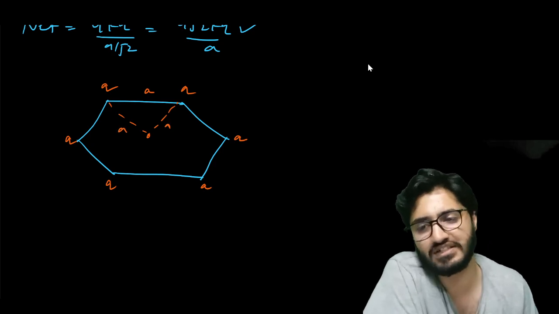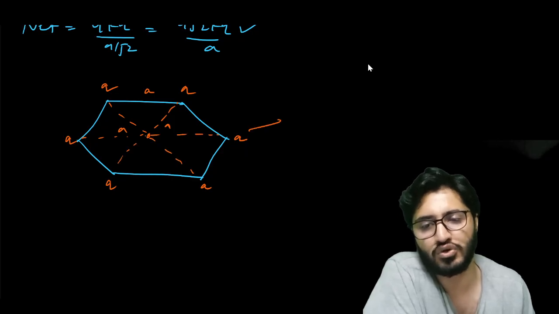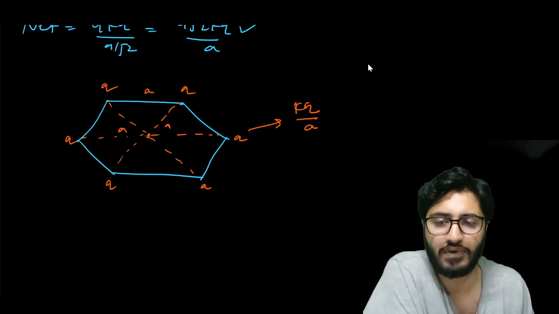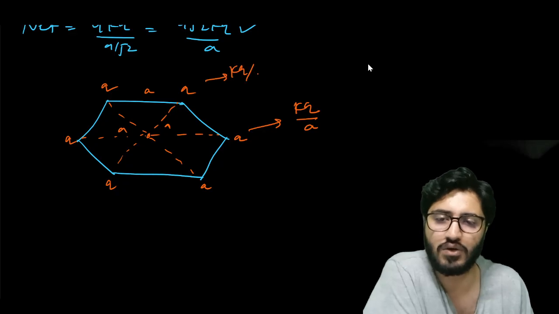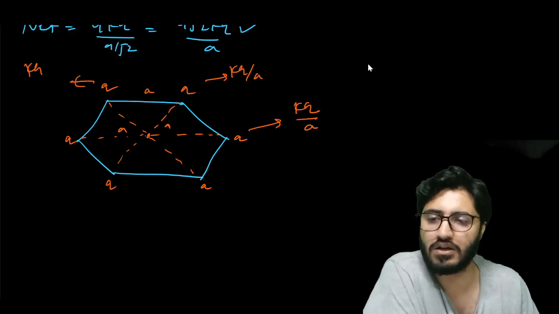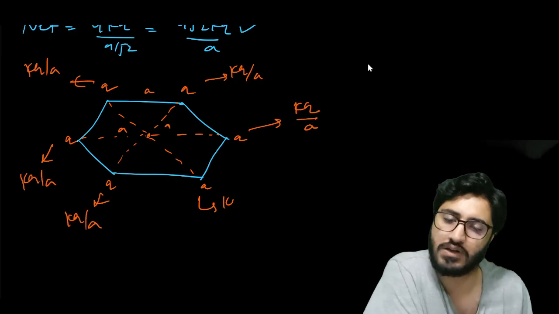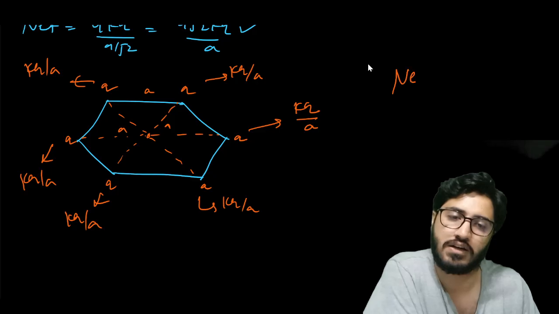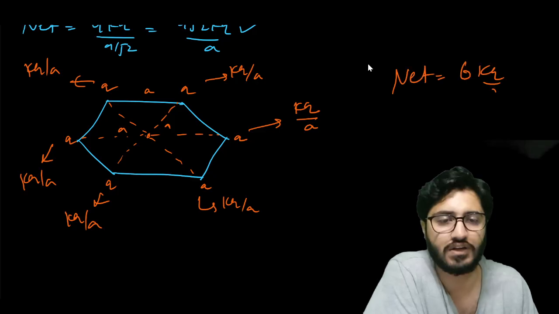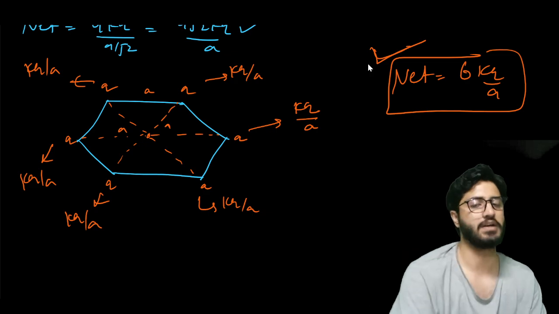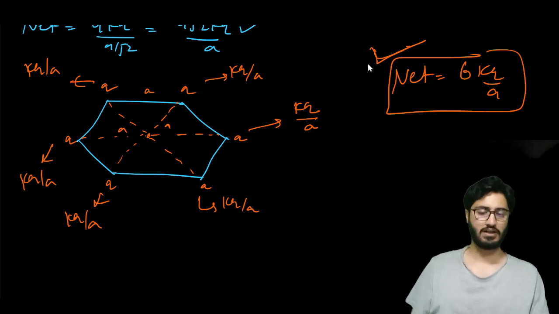The distance is the same, so the electric potential by each and every one will be the same: KQ divided by A. What is the net? We have 6, so net is 6 KQ divided by A. This is my answer.